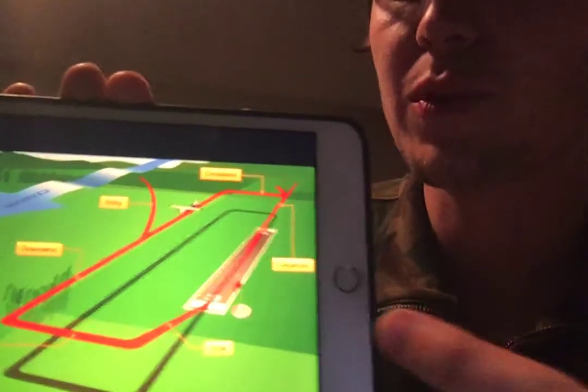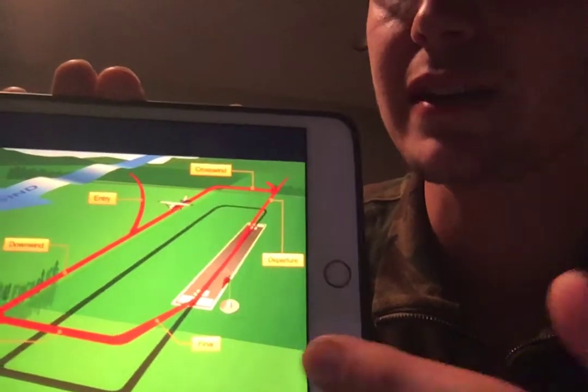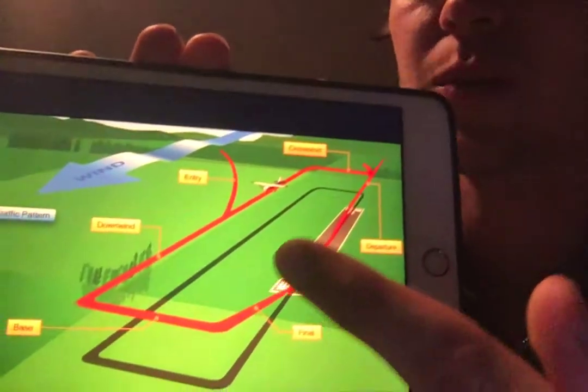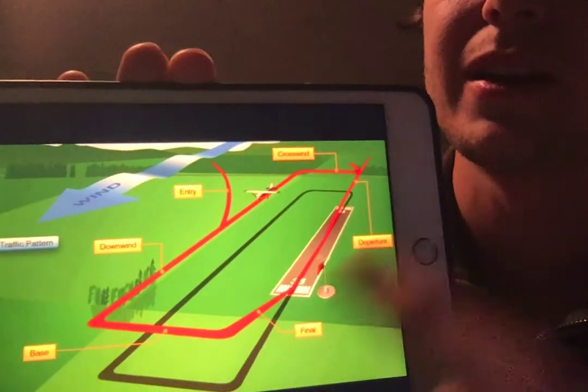However, if you're coming from the other side of the airport, say if you're coming from over here, well, that 45-degree downwind entry is going to be really out of the way. So what's another option you can do? You can overfly the field, and typically you want to overfly the field at 500 to 1,000 foot above the traffic pattern altitude.